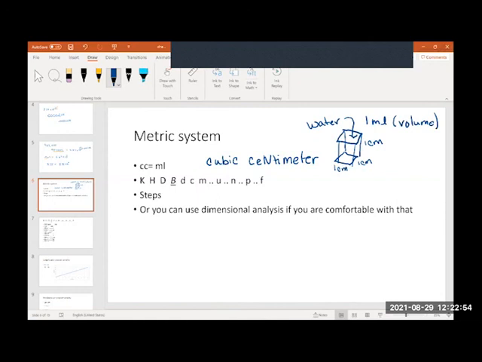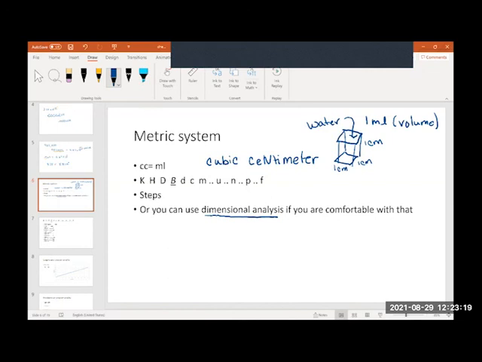Next, how can you convert from one metric unit to another? For sure, those of you who are comfortable in dimensional analysis, you can use dimensional analysis. But some of you are not comfortable with dimensional analysis. You might not know what all those prefixes mean in the metric system.